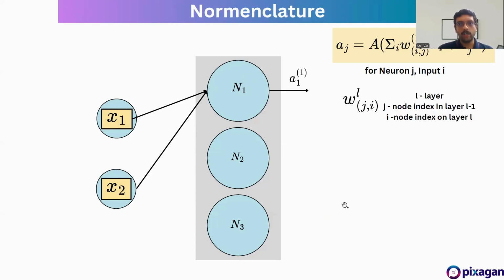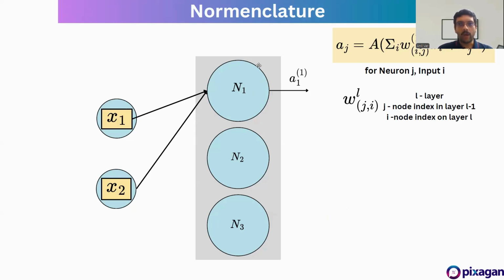So this is neuron one, right? Now we're using some basic nomenclature here. We're going to say that the weights and the bias in this calculation, it's a bit obscured, but for each value, it's going to be written this way, where the superscript is the layer that the neuron belongs to, and then the j and the i indicate which input it's coming from and which neuron it's coming to in that layer.